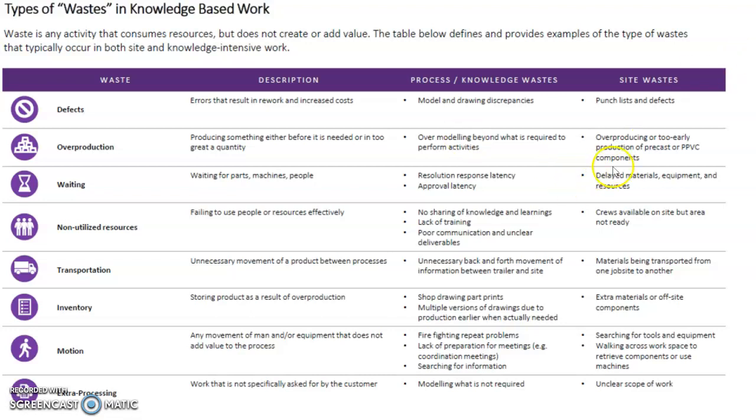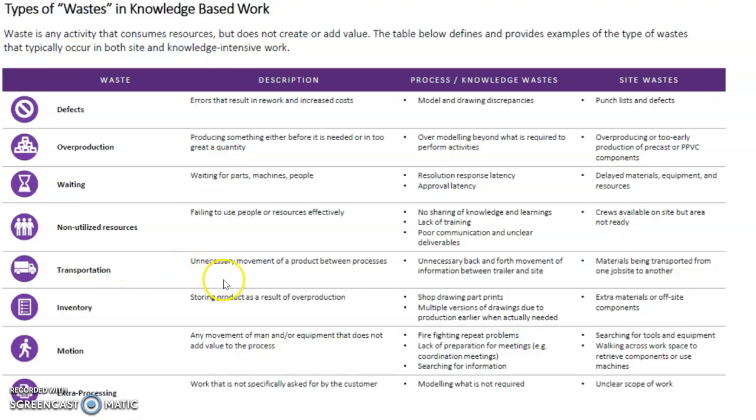And on site, overproducing or too early production of, let's say, precast members or these PVDC components. Waiting is also a form of waste, where you could be waiting for parts, waiting for machines, waiting for people. Non-utilized resources is also a form of waste, where you are failing to use the people or the resources effectively.